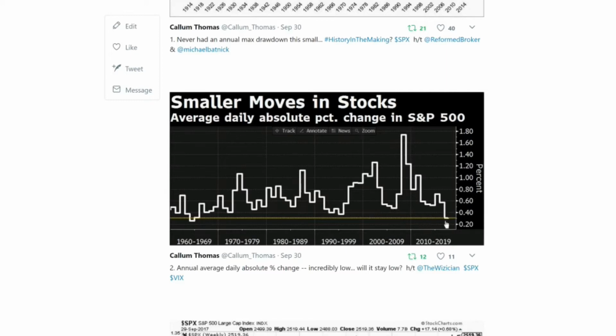And you can see there that it is about as low as it gets. Only in the 60s was it lower. Again, this is the year-to-date figure, and if we got a bit of fun and games in the last quarter of the year, that could change the picture here as well.